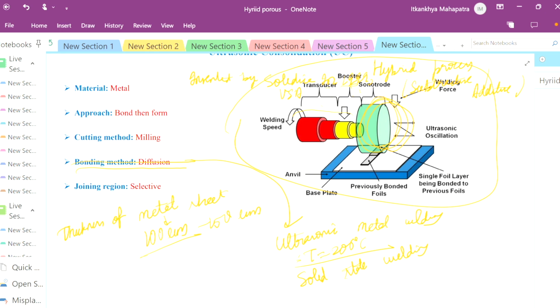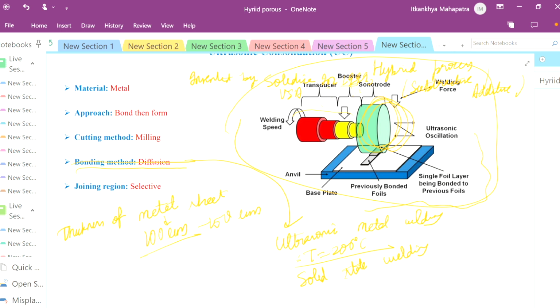Like I told, a booster is used to amplify the vibration, and the unwanted material is removed by the milling process, which will cut it out. So these are the basic things for this process.